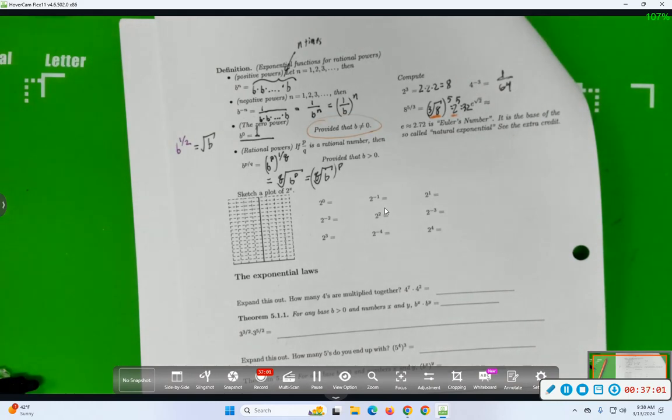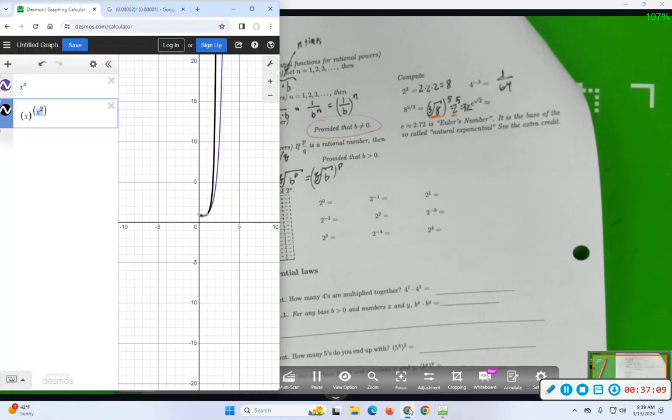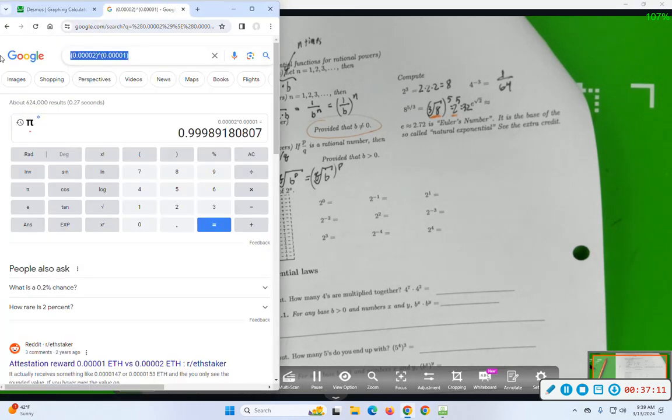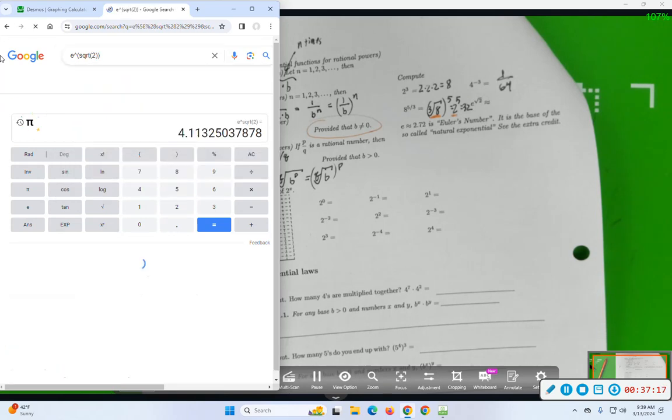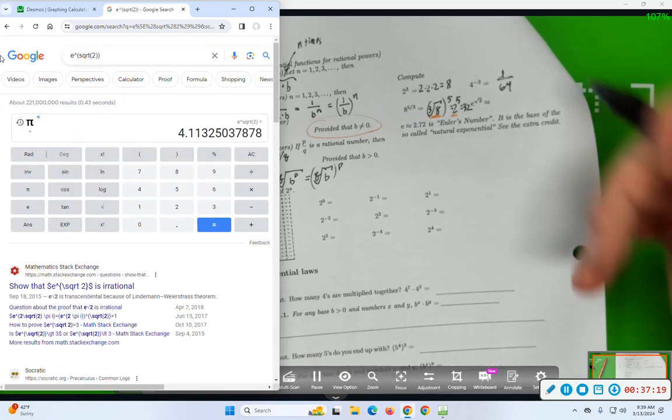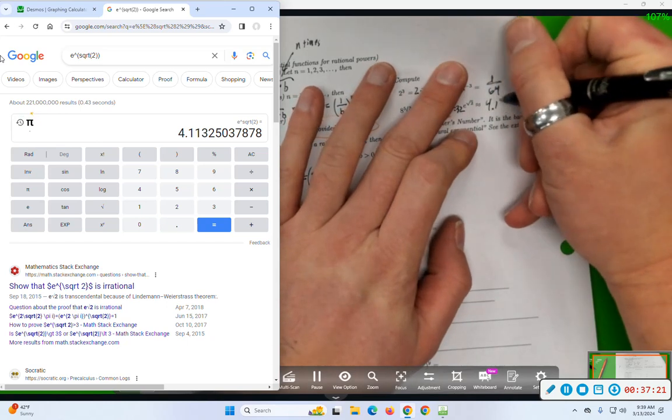What about e to the square root of 2? Well, to do that, you really do just need to resort to a machine. It's somewhere around 4.11.